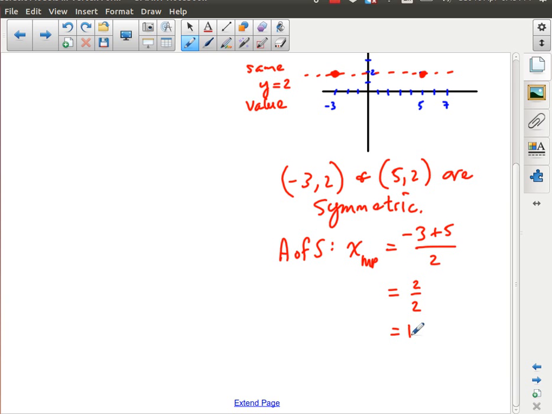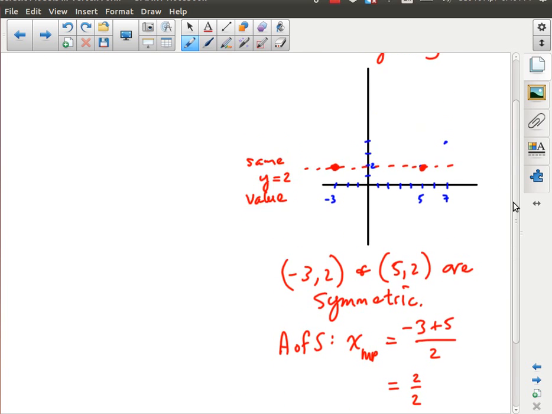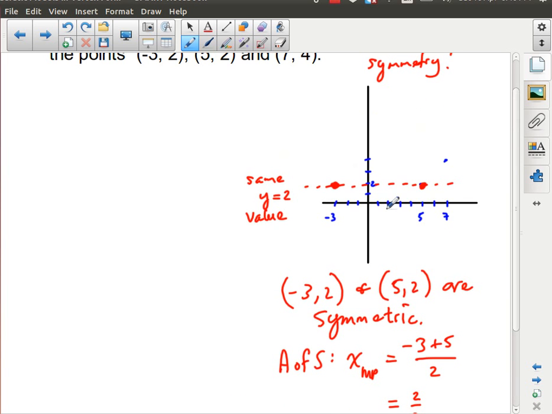So the axis of symmetry is at x equals 1, which means the x-coordinate of the vertex is equal to 1. So we actually have half of our vertex now. Here's 1, so I'm just going to draw a vertical line.